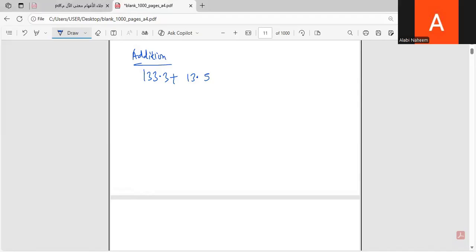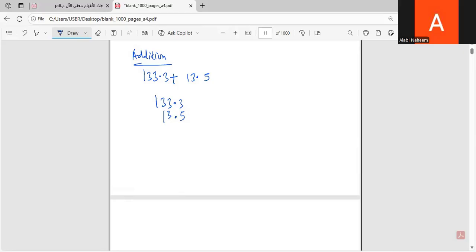We arrange the decimals on top of each other such that the decimal points align. The decimal points are in line. For example, we have 133.3. This decimal point must be directly below the first one. So you have 3 and then 1. You can now put your 5 here. You can see how we did that.